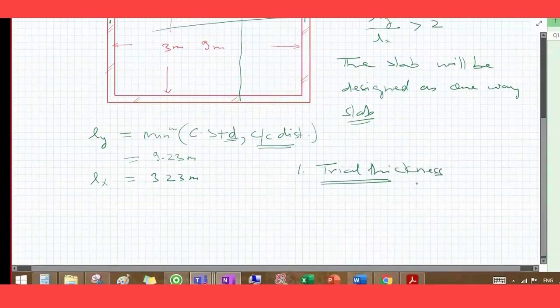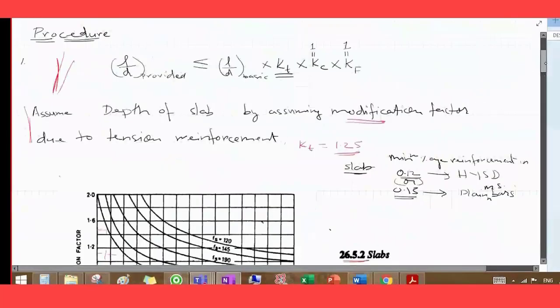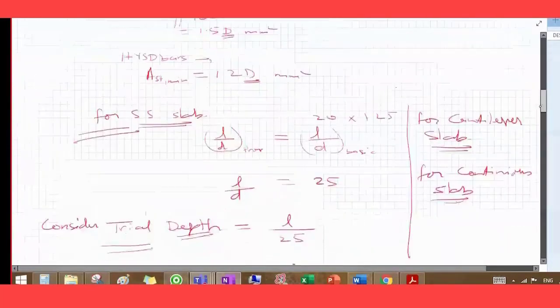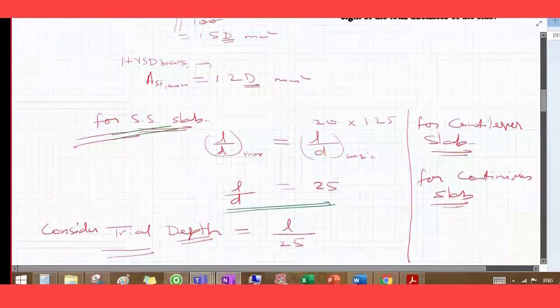If you recollect, my first step in the procedure for design of a one-way slab, I said you assume the trial thickness. What will be the trial thickness, D? So again, if I look into it, it is based upon this logic. Based on this logic, I try to reduce this into this form. For a simply supported slab, you take L by D equal to 25.